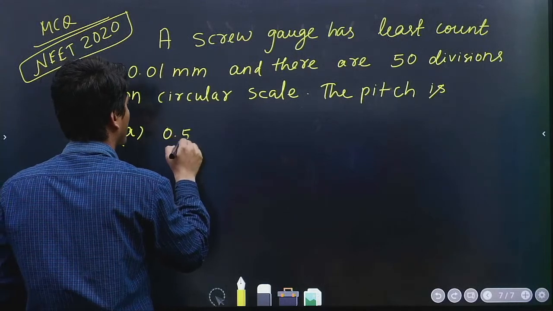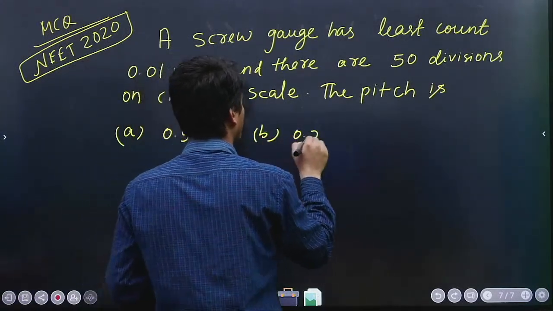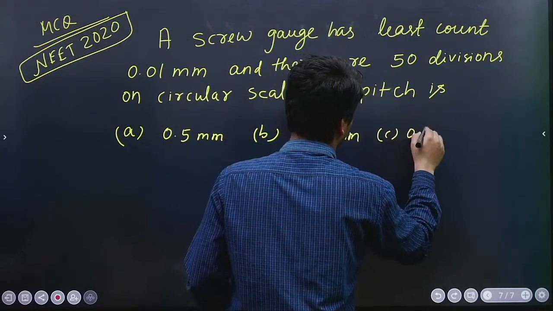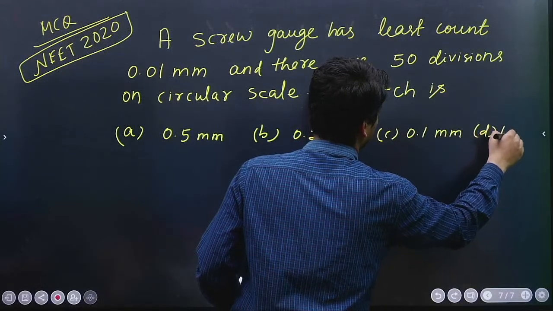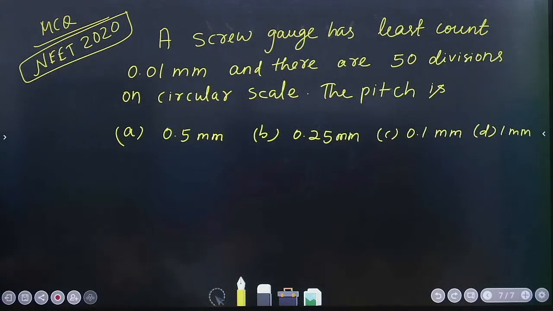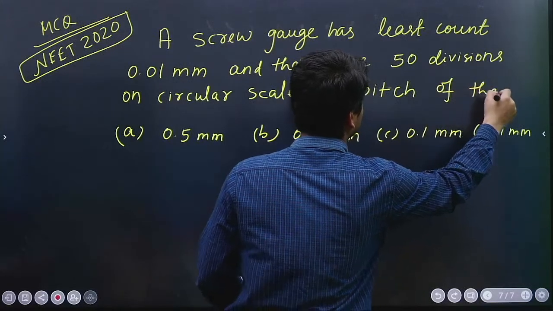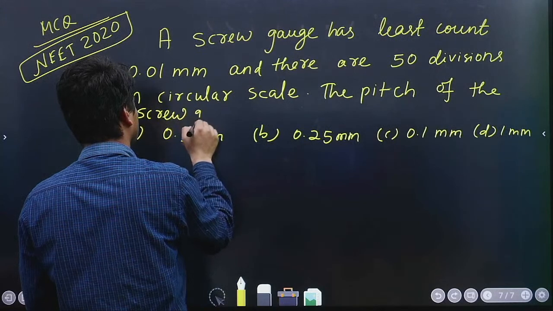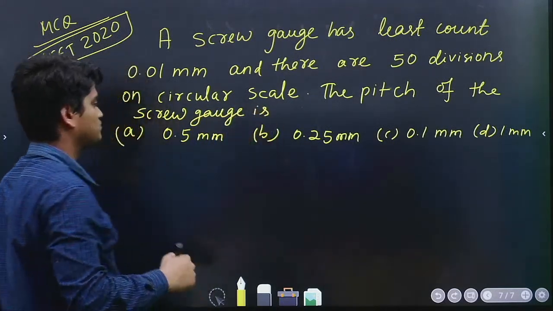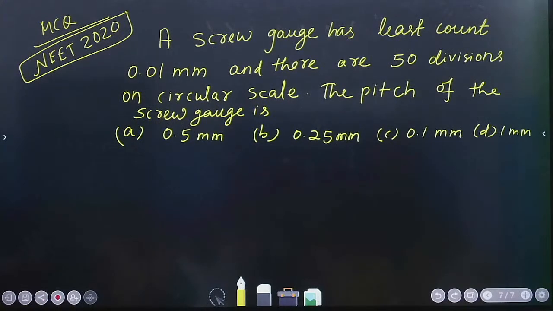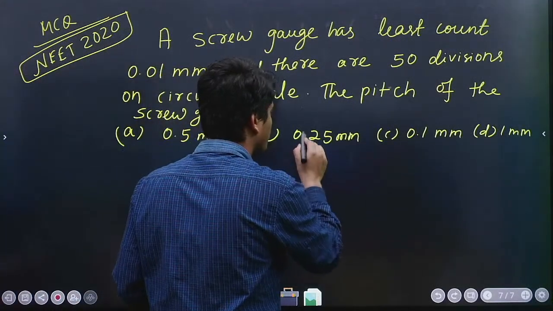Options: 0.5 millimeter, 0.25 millimeter, 0.1 millimeter, 1 millimeter. Just calculated or throwing biscuits?